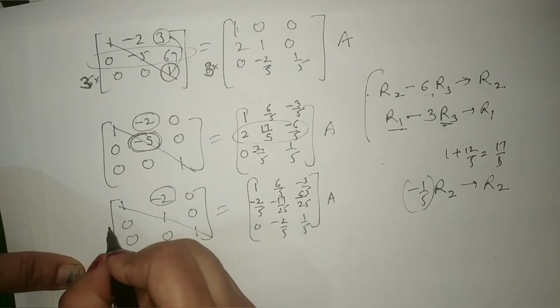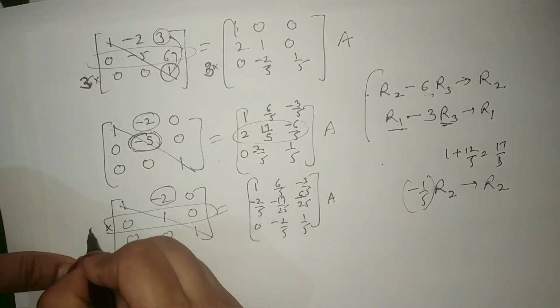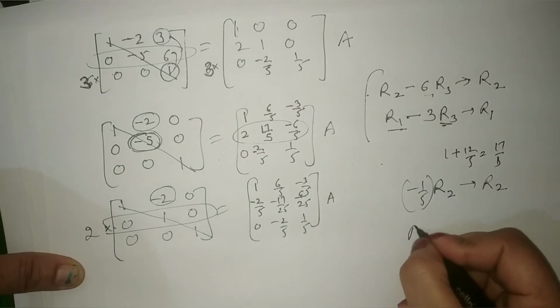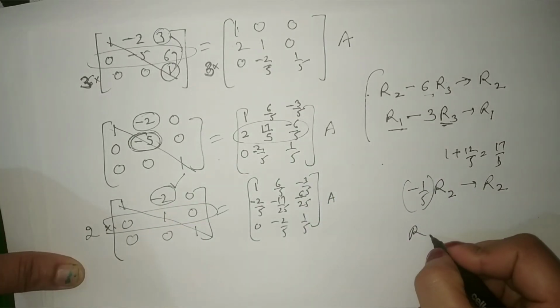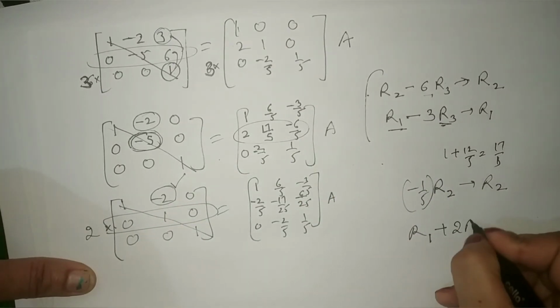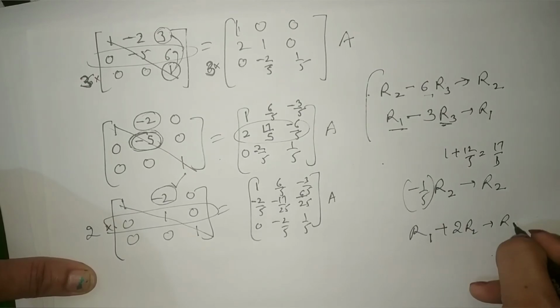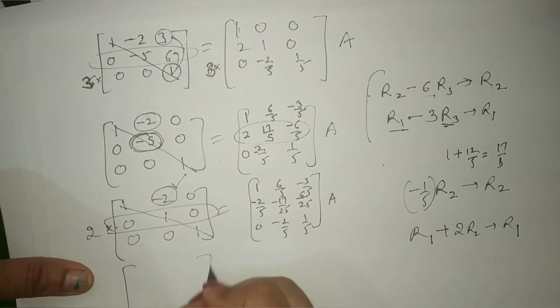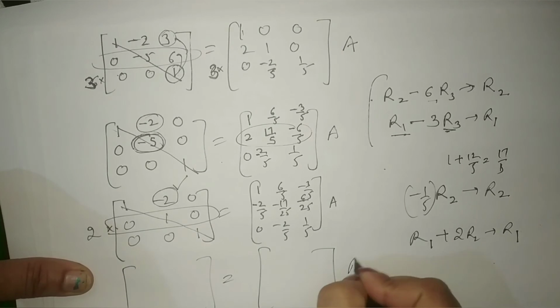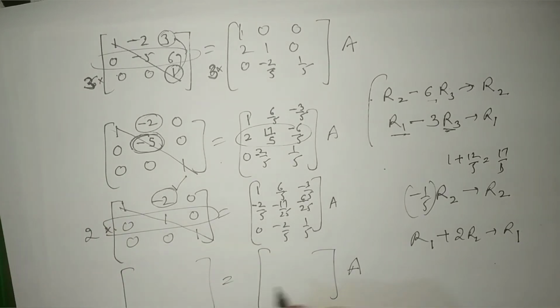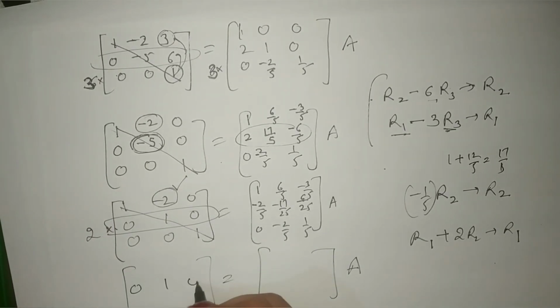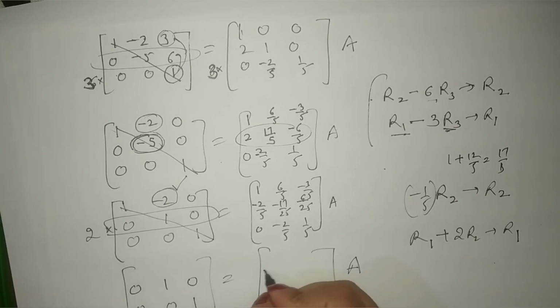Now we multiply the second row by 2 and add it to the first row to make this element 0. So first row plus 2 into second row. We are going to change only the first row here. So second row will be same, third row will be same on both sides.